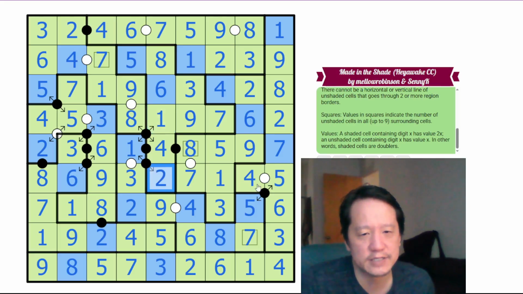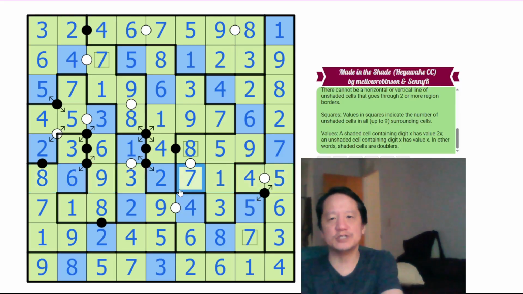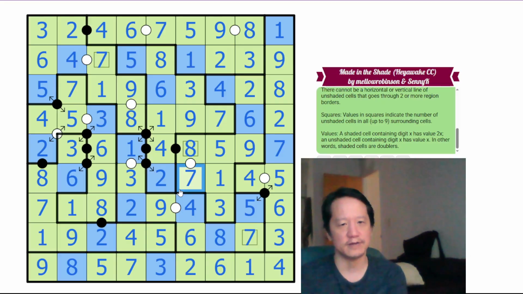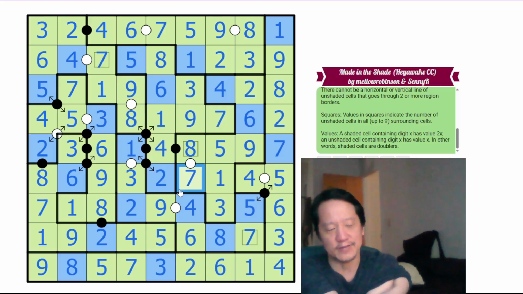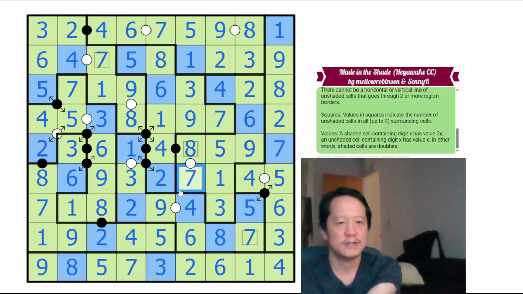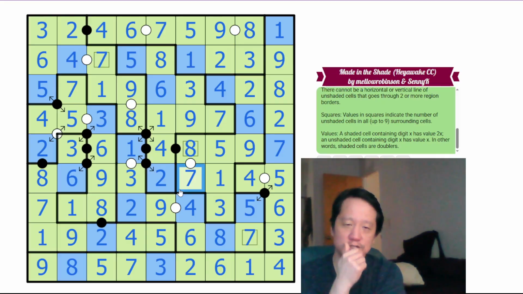Very cool. The interaction between the Heyawake and the shaded cells and the 1 to 2 ratios was very interesting. And also the different dots giving you different region requirements was interesting also.